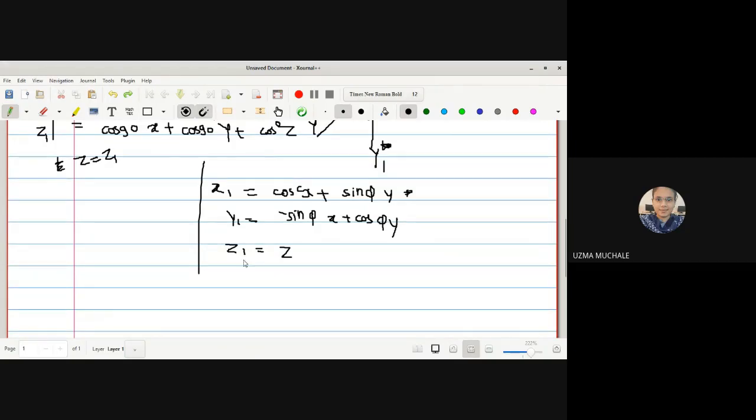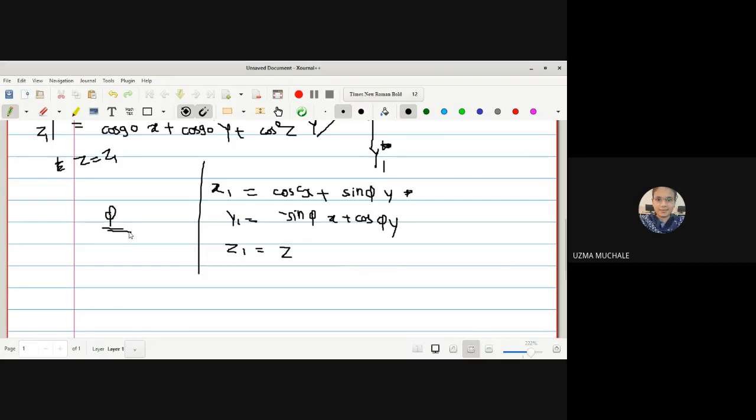Just like we know that z is equal to z1, we have fixed the z-axis. So if we fix the z-axis, we will get this type of equation. This is obtained by having the rotation through an angle phi.